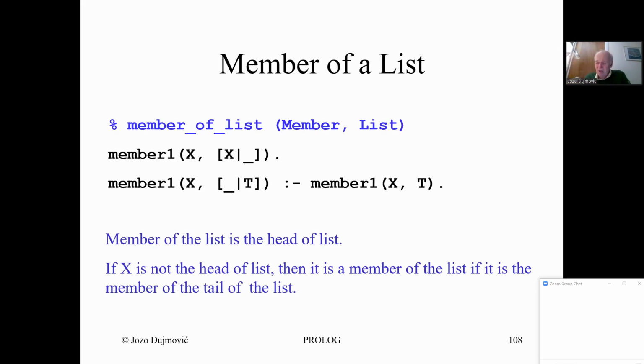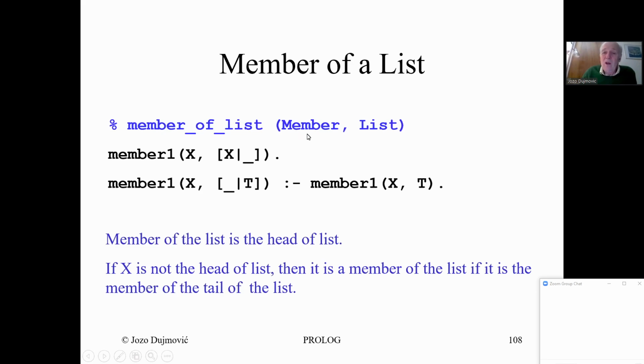Now, member of a list: we want to check whether a component is a member of the list. This is an extremely frequent problem, because member is necessary to check a collection of objects and to see what is inside, and therefore you have to test member against all components of the list. How to do that?